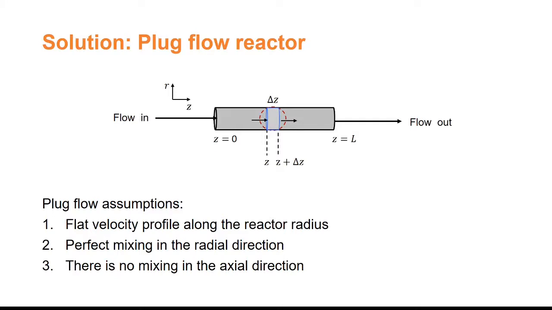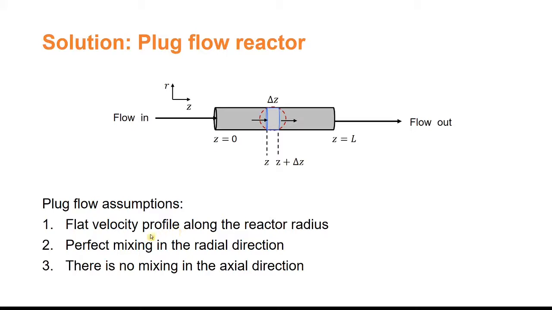So, at different radial positions, you have fluid flowing faster through the center of the reactor than it is through the wall. So you get mixing due to this effect. We do not want that for plug flow. Our assumption is flat velocity profile.